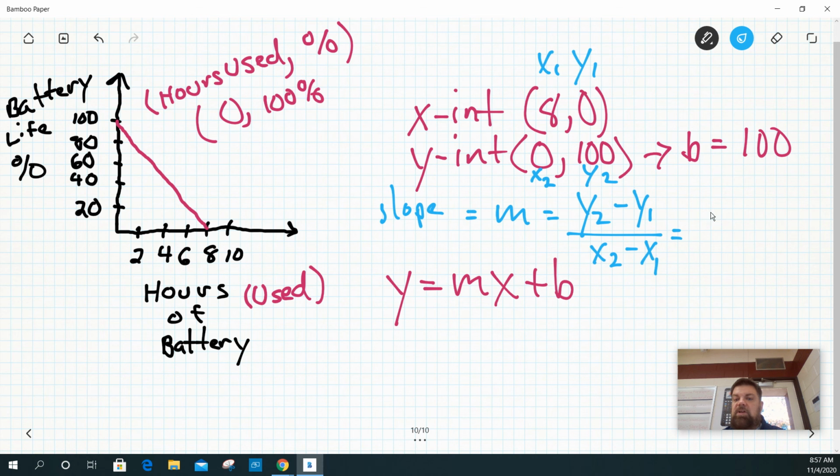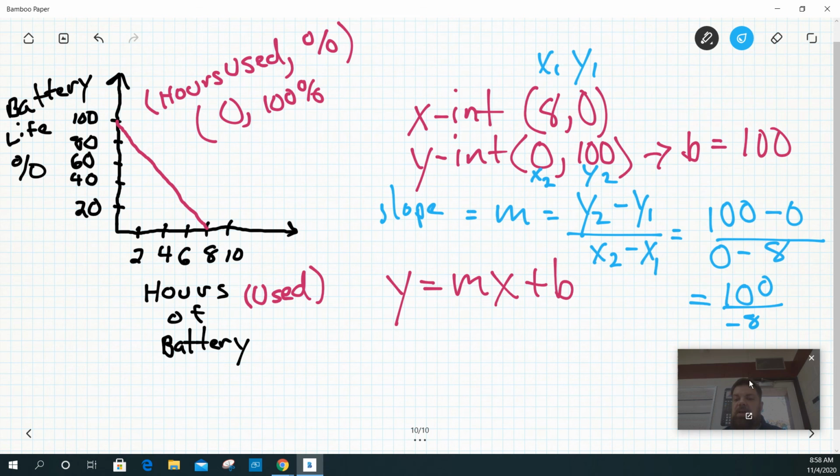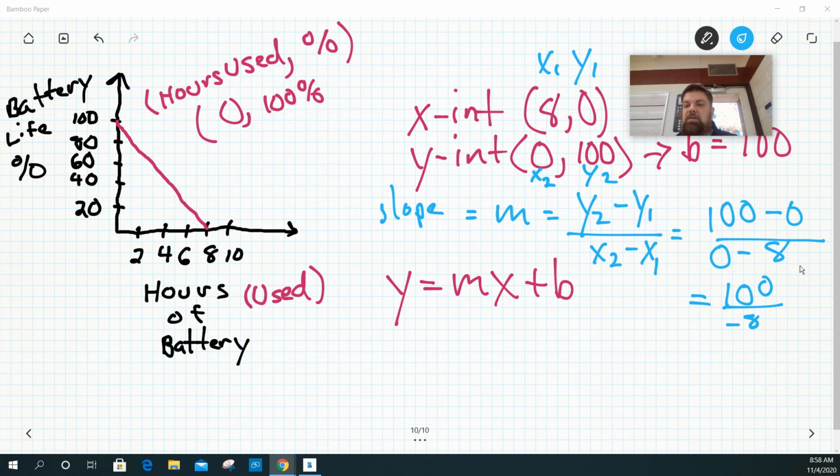So that means that I'm going to say 100 minus 0 all over 0 minus 8. So I've got to be careful here. I have 100 divided by negative 8, and that equals negative 25 over 2, right?